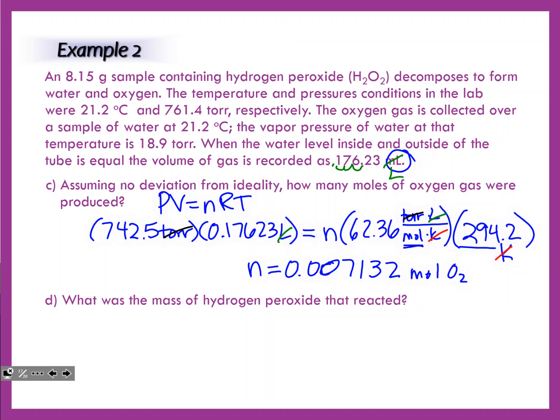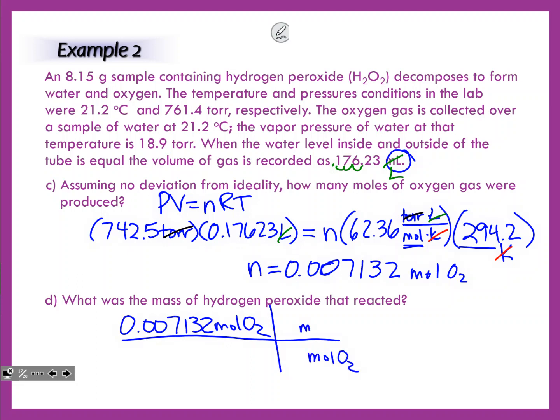This is where the stoichiometry piece comes in. What was the mass of the hydrogen peroxide that reacted? Because now we know the moles of the oxygen, guess what we can find? So we do 0.007132 moles O2. Moles O2 to moles of H2O2. And this was 1 and this was 2 in the balanced reaction, I believe. Moles H2O2, and we need the grams of H2O2.